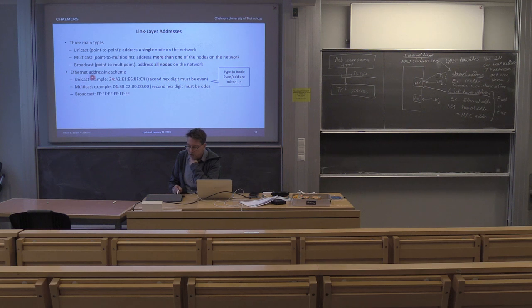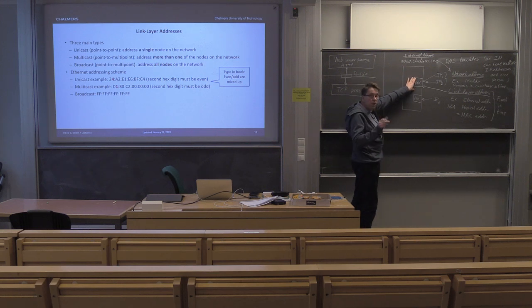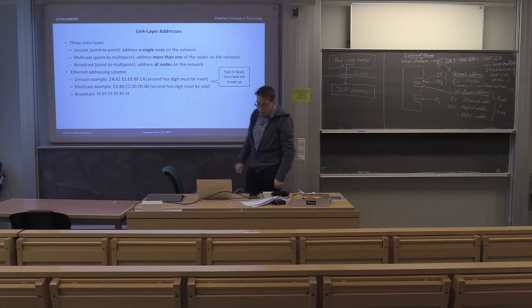So the Ethernet addressing scheme here is such that the second hex digit, if that's even, then we have unicast. And unicast basically means that it identifies one single network interface card. A broadcast can identify all network interface cards, and a multicast more than one.